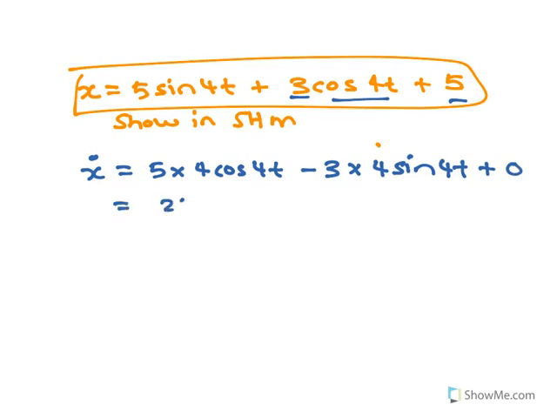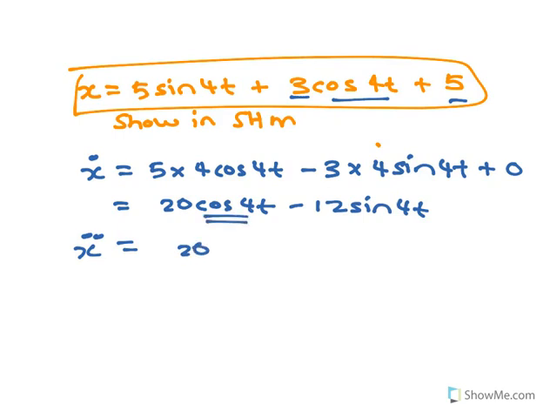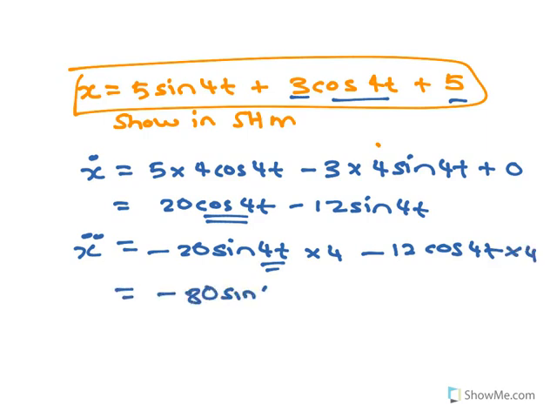So that will be 20 cos 4t minus 12 sine 4t. If you differentiate again, 20 cos 4t will go to sine 4t with a negative times the 4, because of the derivative of the inside, and the 12 sine 4t goes to 12 cos 4t times the 4. So you get minus 80 sine 4t minus 4 12s, which is 48 cos 4t.